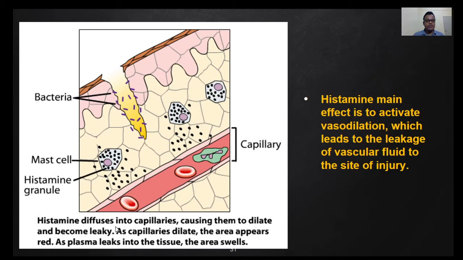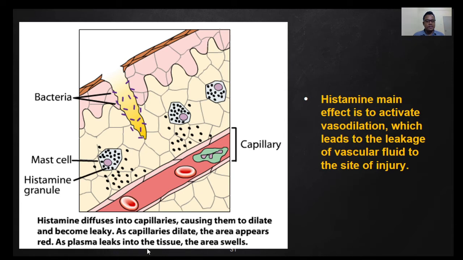Histamine diffuses into capillaries, causing them to dilate and become leaky. I mean, the fluids inside the blood will leak to the surrounding tissue. As capillaries dilate, the area appears red.